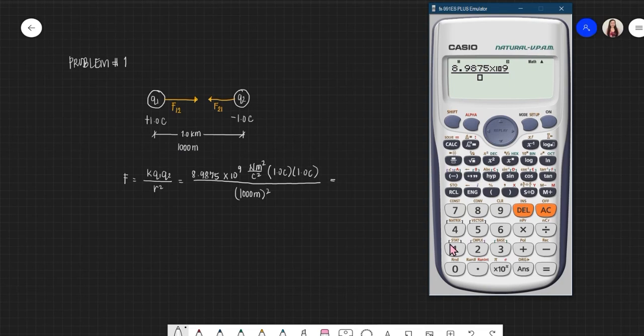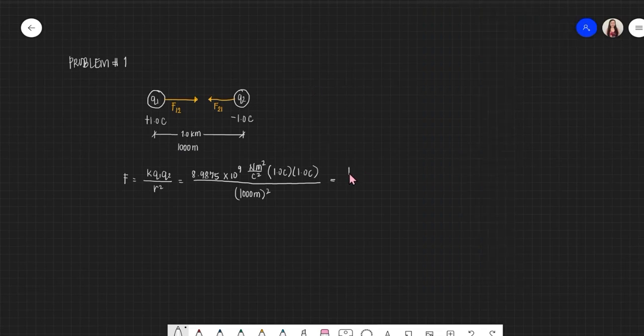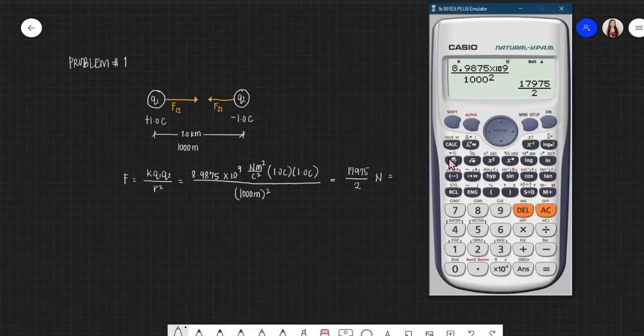Okay, let's just divide directly by 1,000 squared. And we can cancel coulombs here. We can cancel meter squared here. So that's newtons, which is equal to 8987.